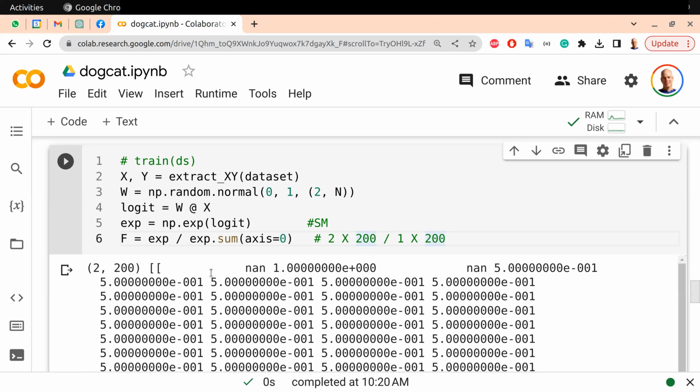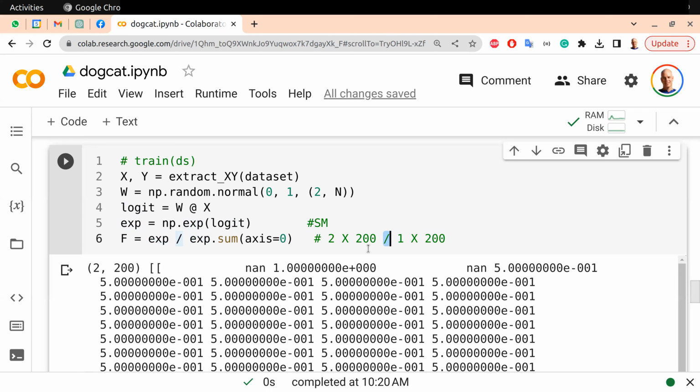You see, there should be a mismatched dimension. The sum is over the columns only, yes. Okay.